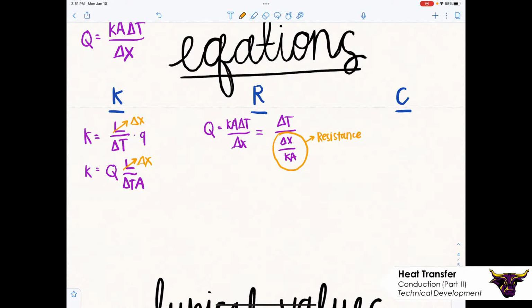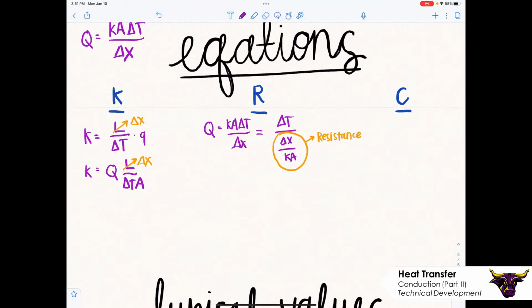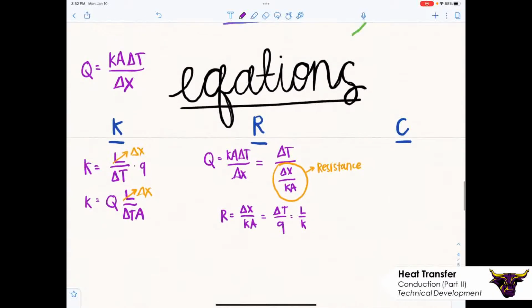This is another place you again have to be careful with that little q coming in again, because R can be equal to delta X over Ka. It can also be equal to delta T over little q, which then brings it equal to L over K if we're going to look at the specific resistance versus including the area.